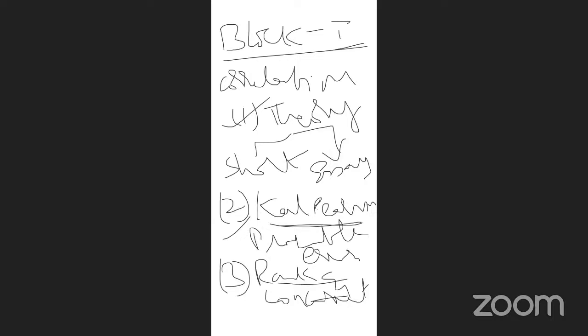Concurrent deviation you can expect for a short note, not for the essay. Whereas rank correlation and Karl Pearson's you can expect for essay, problem, and one theory also. Is that clear? Coming to block 1. Yes.